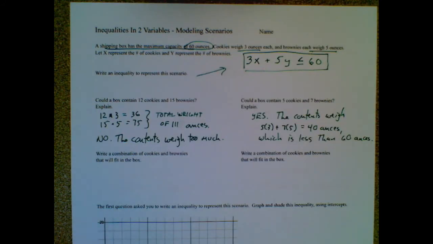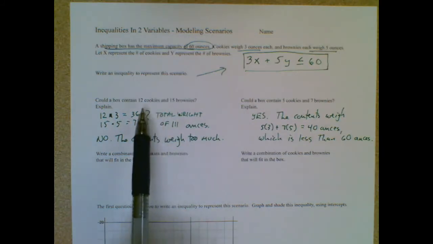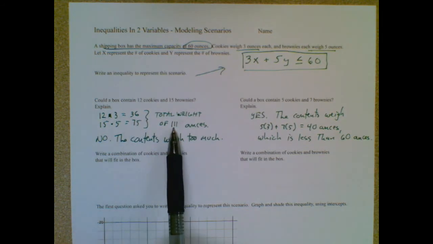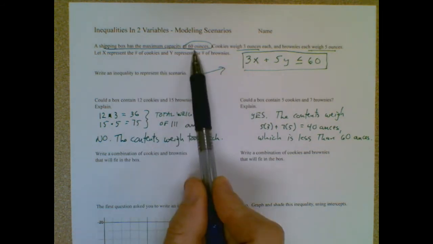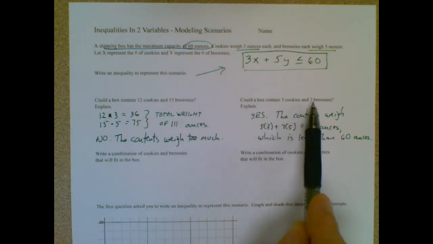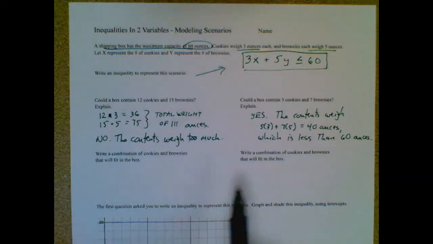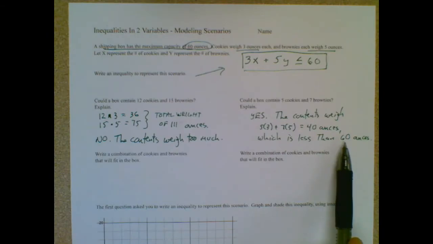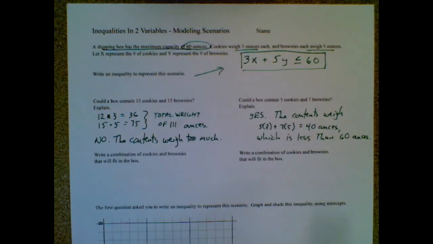So I've gone ahead and done the arithmetic on these. 12 cookies, 3 ounces each, 15 brownies, 5 ounces each. You add those two together, you get 111 ounces. That's way too heavy. You can't do that. 5 cookies and 7 brownies end up weighing 40 ounces in total. You do the math and you'll get it. And that's less than 60 ounces, so we can do it.